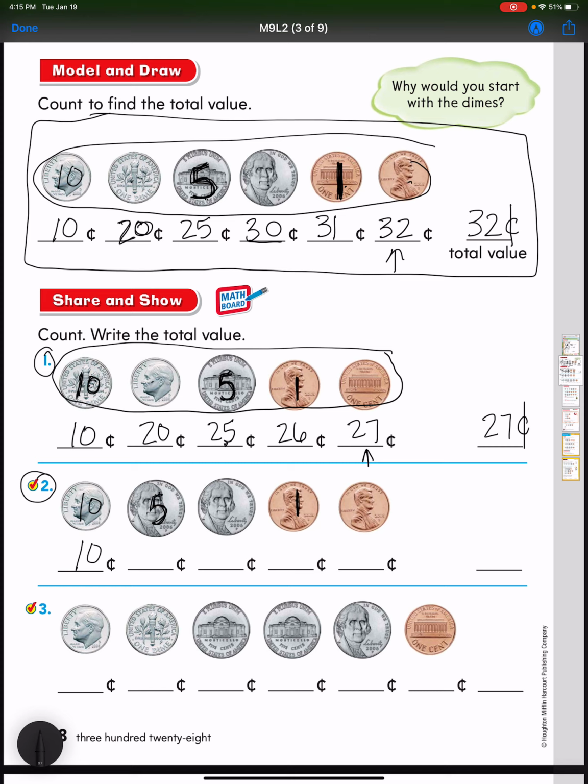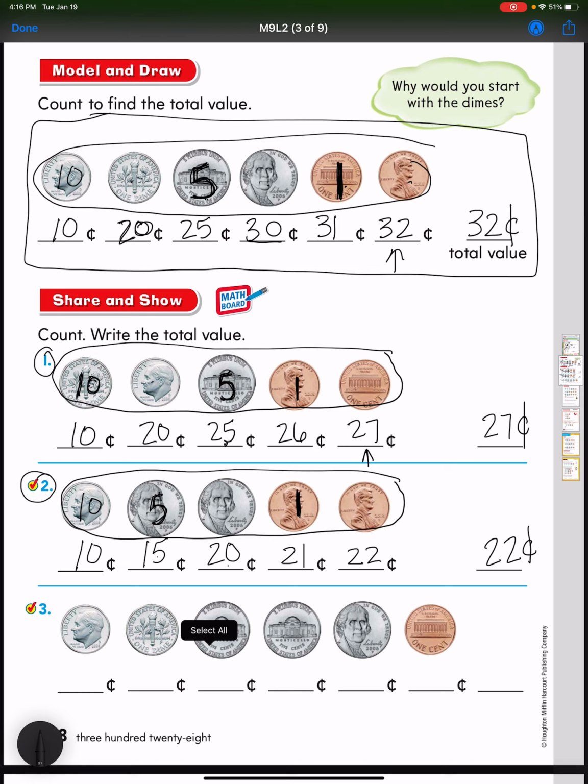So 10 plus this 5 would be 15, plus 5 more would be 20. 15, 20, counting by fives. Now we're going to switch to counting by ones. So I go from 20, 21, 22. These coins are worth 22 cents.